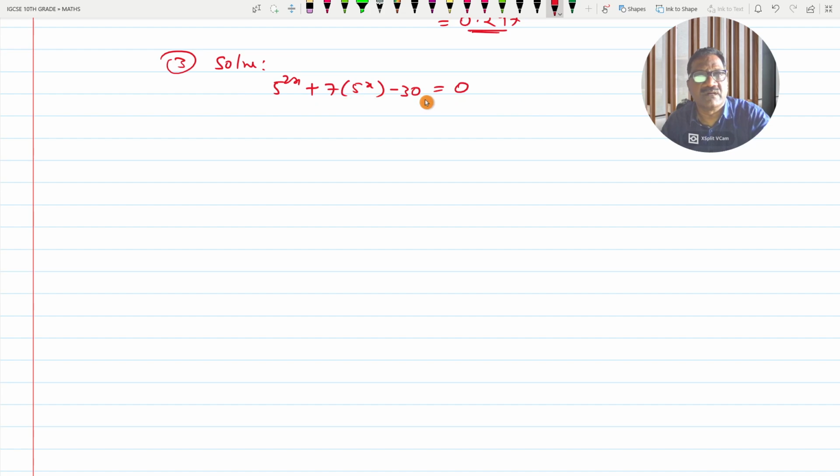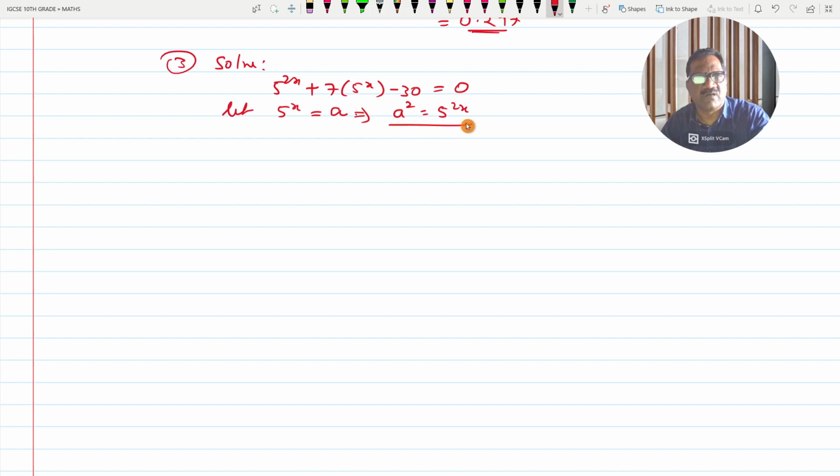Now this can be converted into a quadratic, but for that first you'll have to assume, let 5 raised to x equal to a. So if 5 raised to x is equal to a, this implies that a square will be equal to 5 raised to 2x, isn't it?